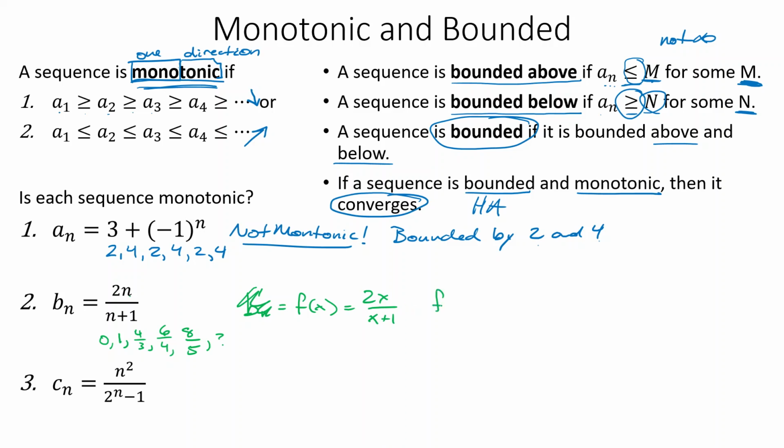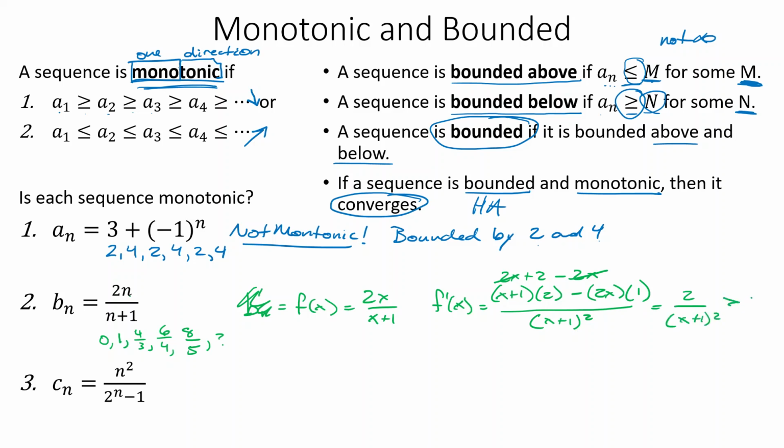If we take this derivative, f prime would be, it's a quotient rule, so it's bottom times derivative of the top minus the top times derivative of the bottom, all over the bottom squared. So we get 2x plus 2 minus 2x, so the 2x's are going to cancel up there. So on the top we've got 2, on the bottom we've got x plus 1 squared.